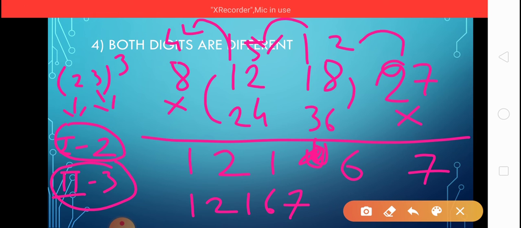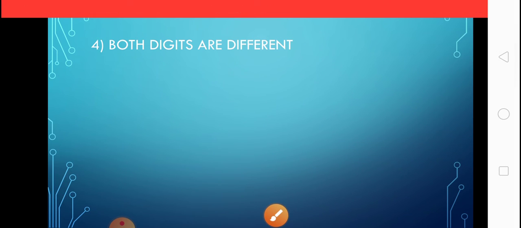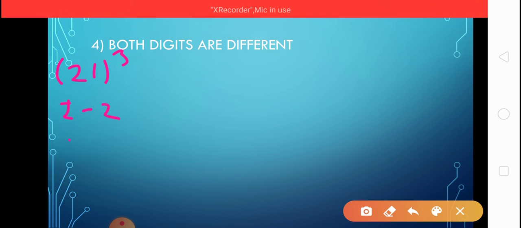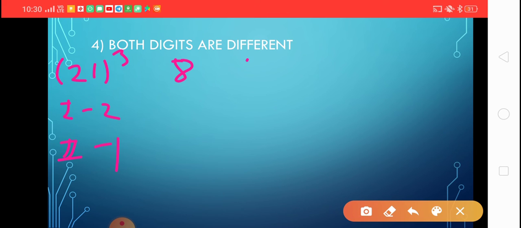Similarly, we can calculate for another number. Let's take an example of 21. 21 cube. So first digit is 2, second digit is 1. So according to the formula, first cube, that is 8. Then first square into second, that is 2 square, that is 4 into 1, that is 4.